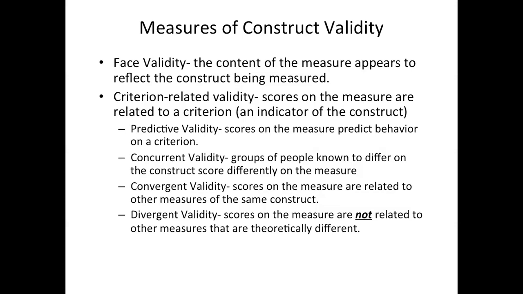Not necessarily, right? So I wouldn't expect the scores to be strongly correlated. So with divergent validity, the scores should diverge. They should be different from one another. Two measures of different theoretical constructs should get different outcomes.